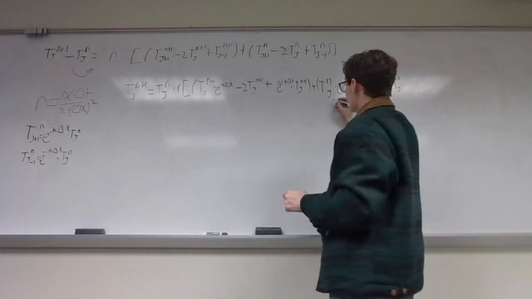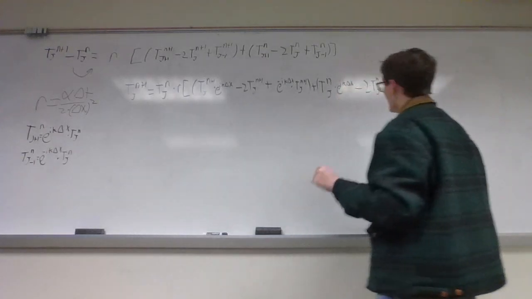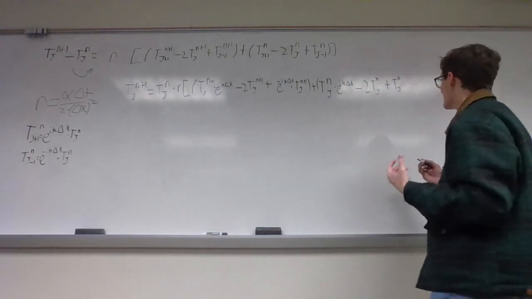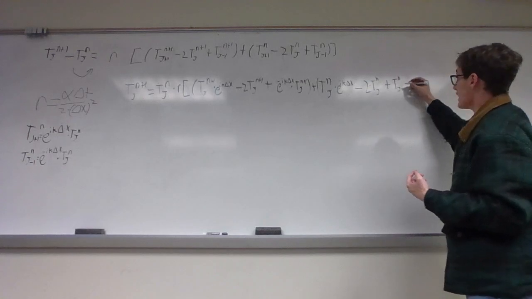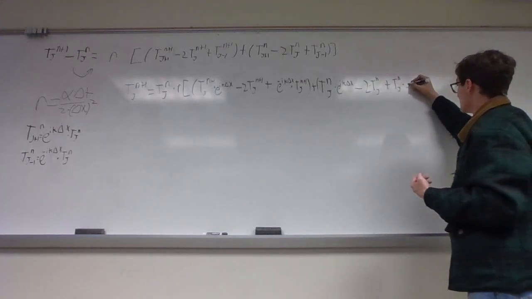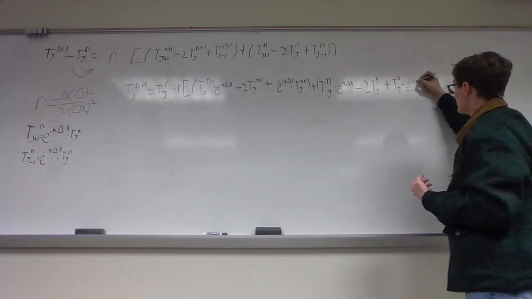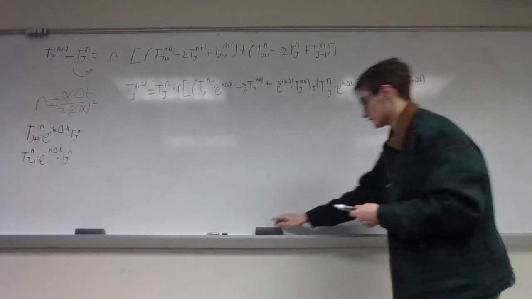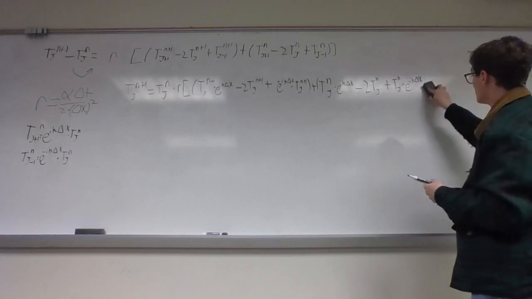See, I messed up. Oh, no, I didn't. I keep thinking I'm messing up because I'm missing the j's. That's the whole point of this situation. T n j times e to the negative I k delta x. Oh, that's not where parentheses should go.